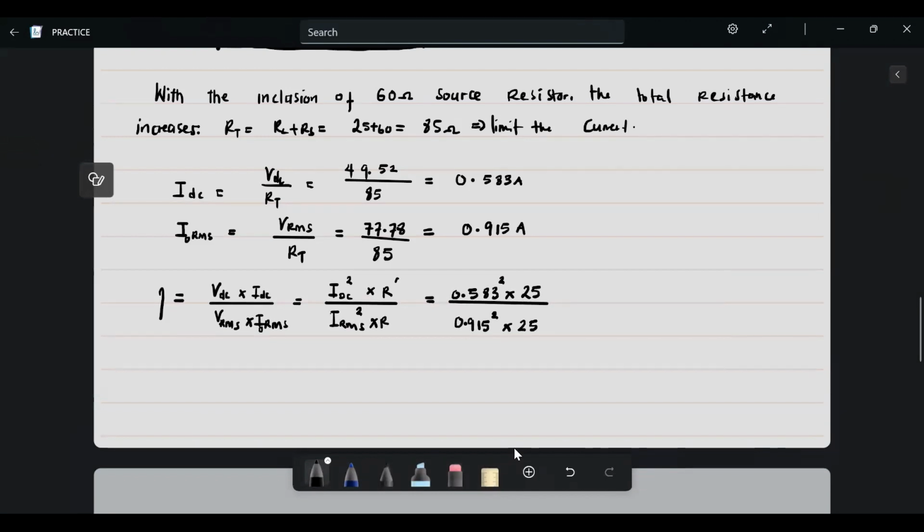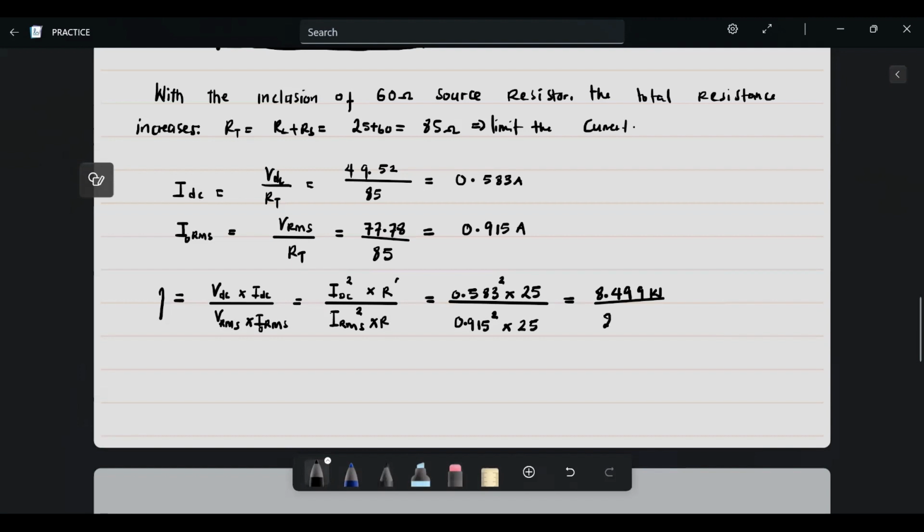Let me just get those in terms of power: 0.5883 squared times 25, so I have 8.497 watts. Here I'm getting 0.915 squared times 25, which is 20.93.